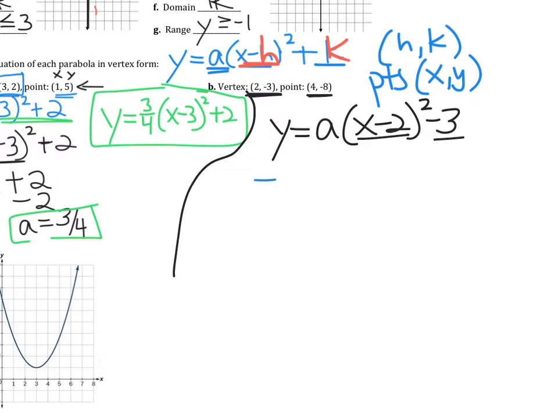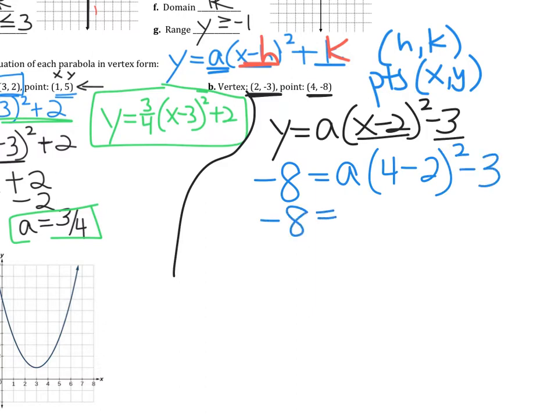So -8 goes in for y, and 4 goes in for x. Okay. So I have -8 equals a times (4 minus 2), which is 2, and 2 squared gives me 4, so that's 4a minus 3.